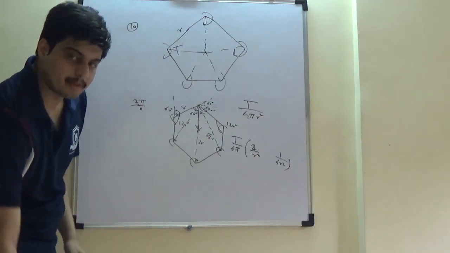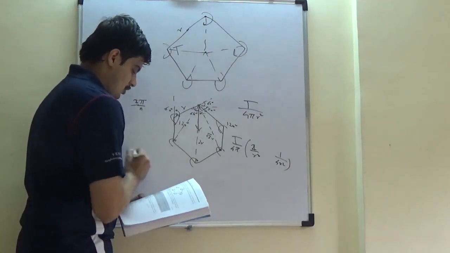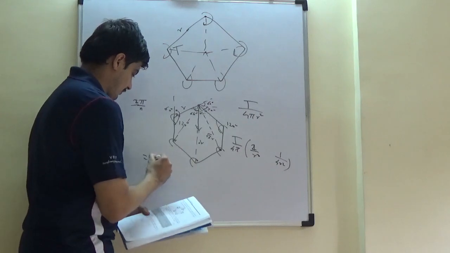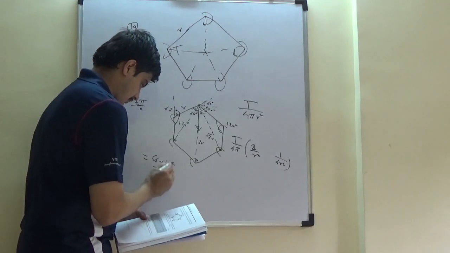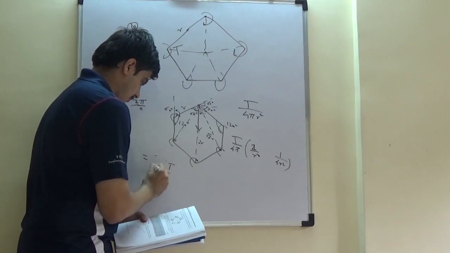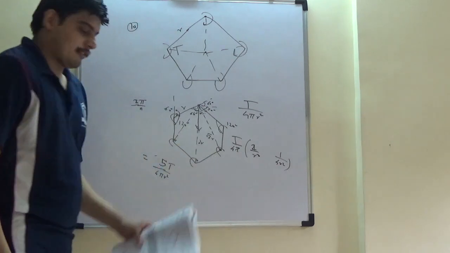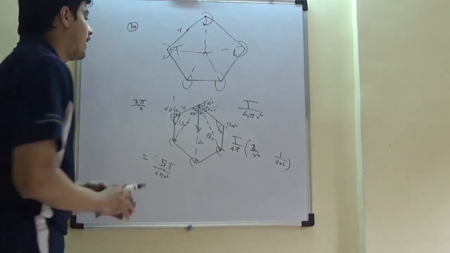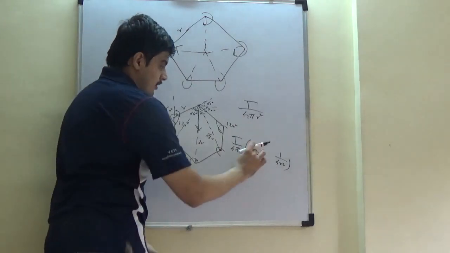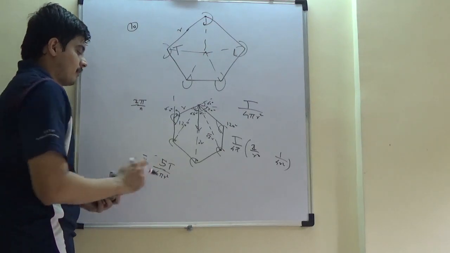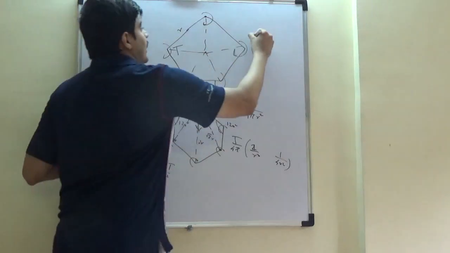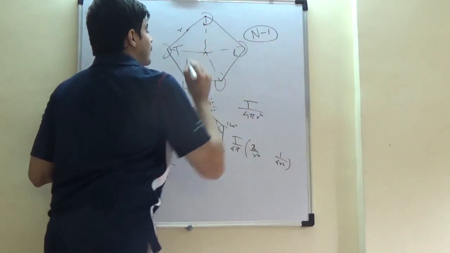So if you sum up, effectively you would get 5 tau by 4 pi r square. This all would get added up to 5. What does this resemble? n minus 1.